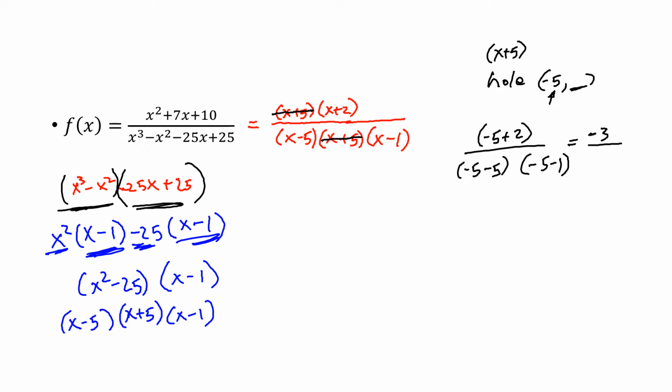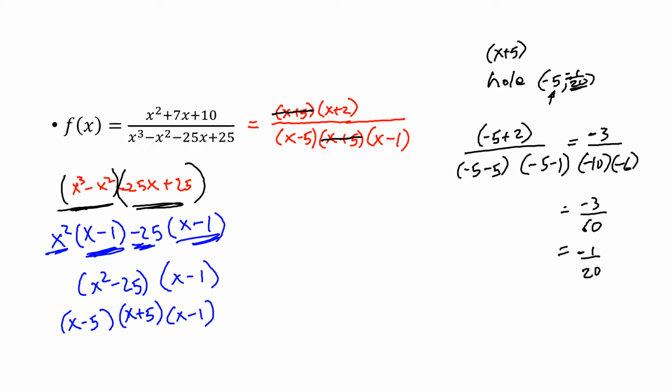In the denominator, negative 5 minus 5 is negative 10, and negative 5 minus 1 is negative 6. So if we multiply everything out, we have negative 3 over positive 60, which reduces to negative 1 over 20.